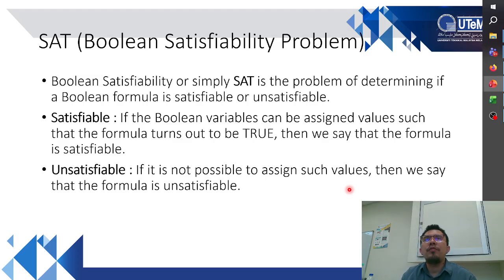If we calculate and the output is 1, it is considered satisfiable. However, if all the outputs of the Boolean expression are 0, with no 1, we can simply say the problem cannot be solved, or is unsatisfiable. 1 means satisfiable, 0 means unsatisfiable.